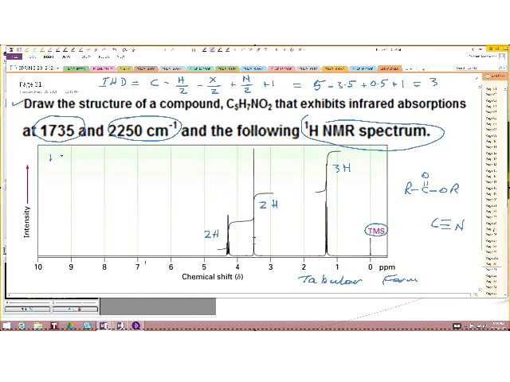So we have a peak at about 1.3 parts per million, and that is a triplet. If you look at it very carefully, that's a triplet. Then we have another peak at about 3.5, and that is a singlet.